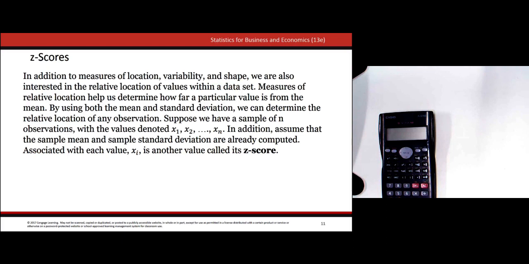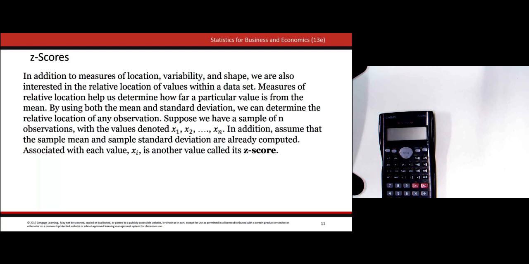Z-scores are the measure of relative location. So in addition to measures of location, variability, and shape, we are also interested in the relative location of values within a data set. Measures of relative location help us determine how far a particular value is from the mean.